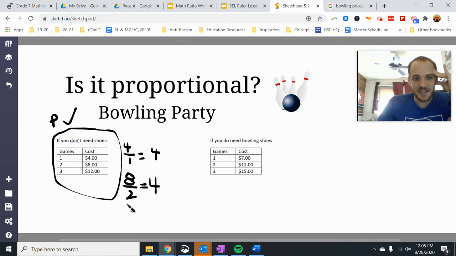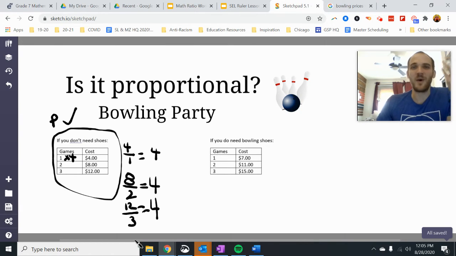And if I take that last one, 12, and I divide it by 3, what is 12 divided by 3? You said 4, you are correct. So what you notice is every time that I put y over x, I got the same amount. That means it's proportional. Because what that also means is every time I can take the number of games and multiply it by 4 to get the cost.